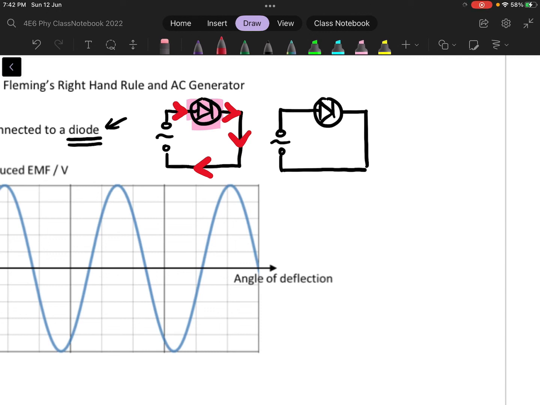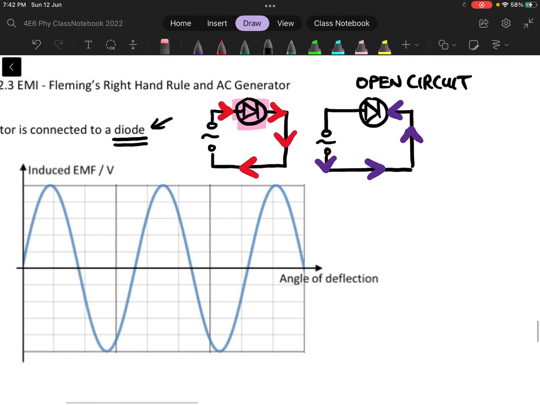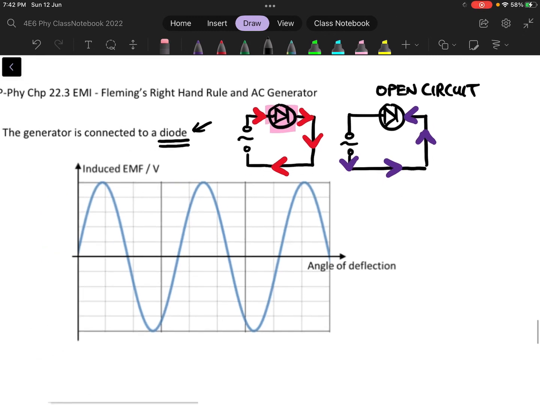But when the direction of the current alternates and becomes anti-clockwise, you will find that this becomes like an open circuit and will not let the current flow through. That is how a diode works.